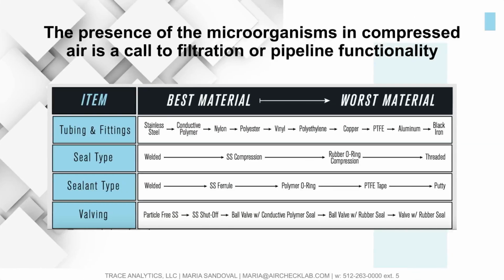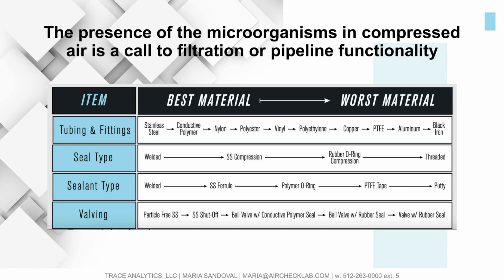You certainly wouldn't want to use black iron piping for food grade, right? You certainly wouldn't want to use copper or aluminum. These fittings and tubings all shed particles. You want to be using the best materials for direct contact and ingredient used compressed air.